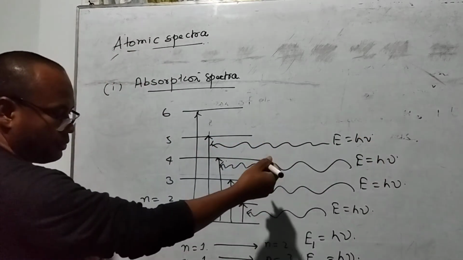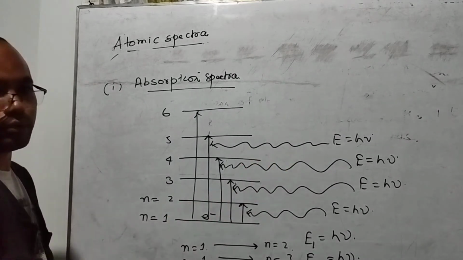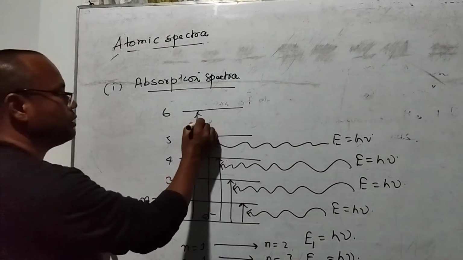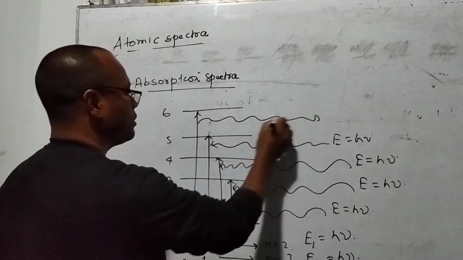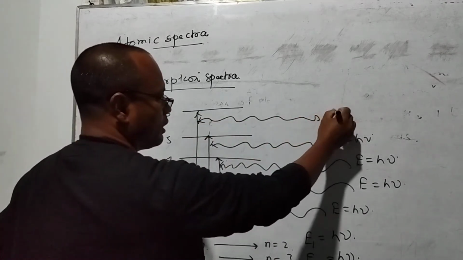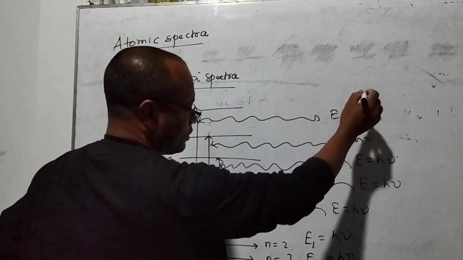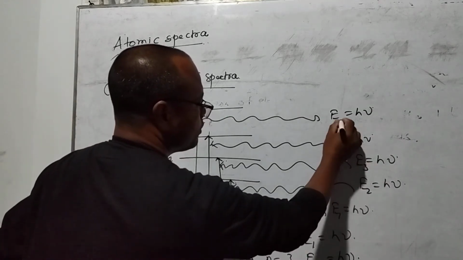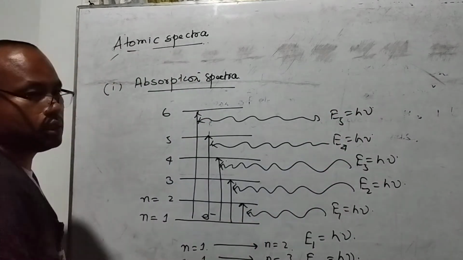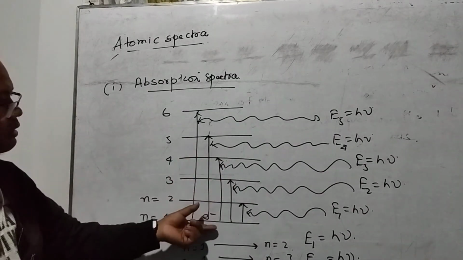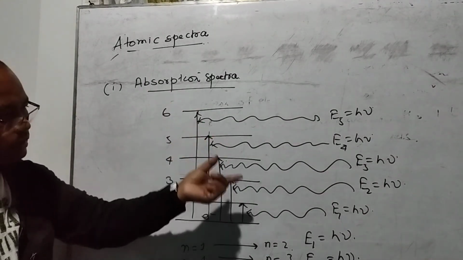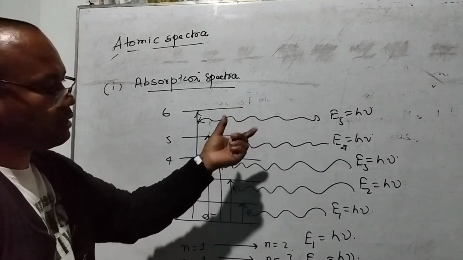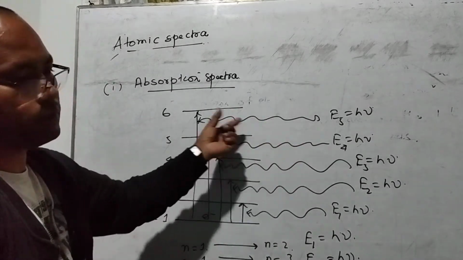This is the energy which is absorbed from our source of light. This is another radiation. I just mentioned 1, 2, 3, 4, 5. These are the energies absorbed by the excitation of the electrons in the form of a series of radiation.